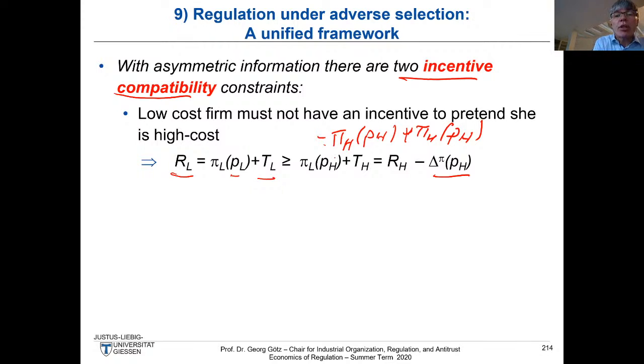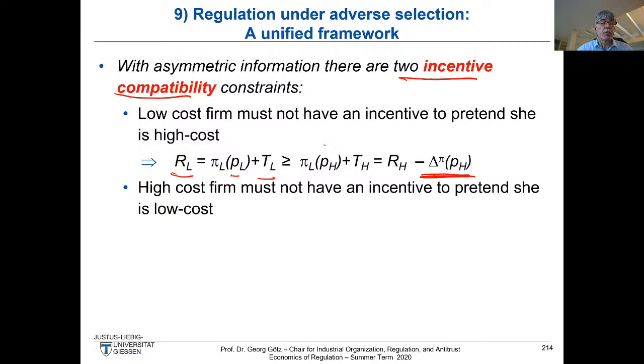And so the important point is here we get this, as I told you already, this difference in profits, and that's actually the incentive to cheat. Okay? And this will become clearer further on. You will see R_H will often be 0, and therefore it's just our rectangle.